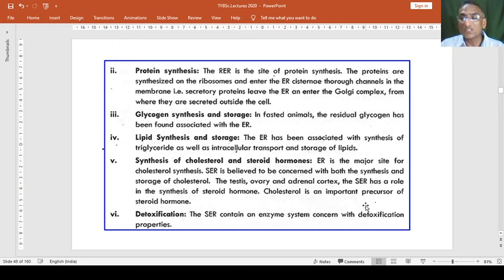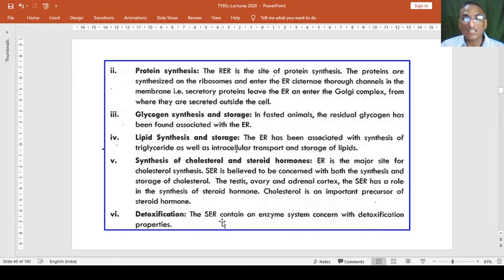Cholesterol is an important precursor of steroid hormone. Therefore, cholesterol is one of the important fatty materials in the body.